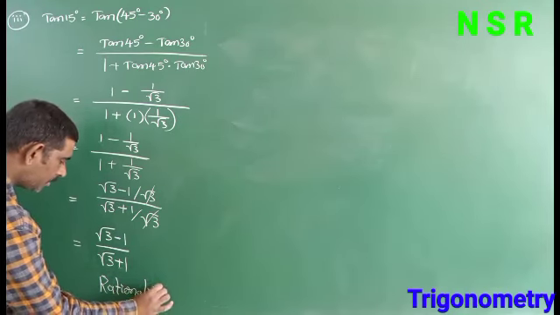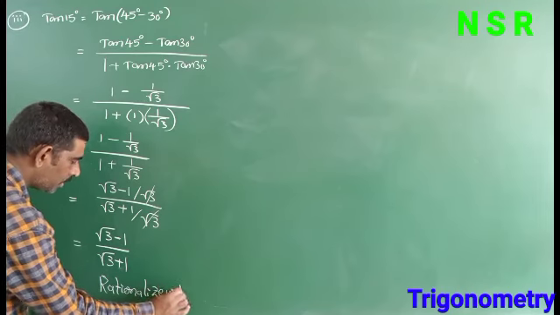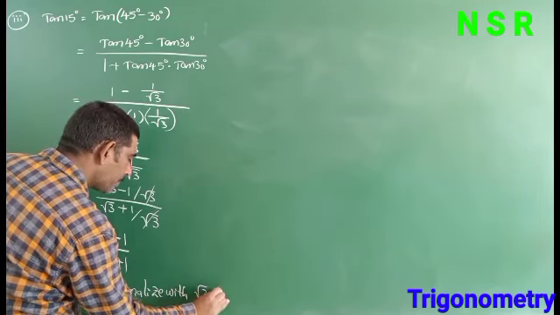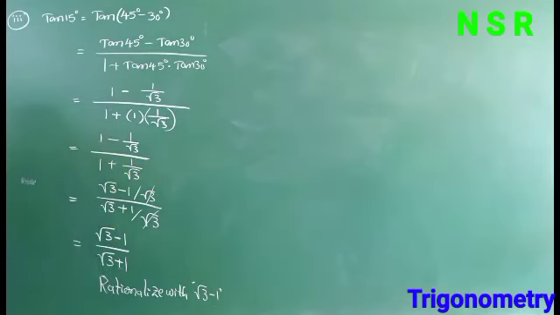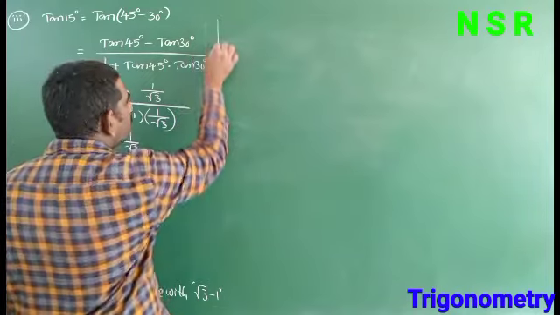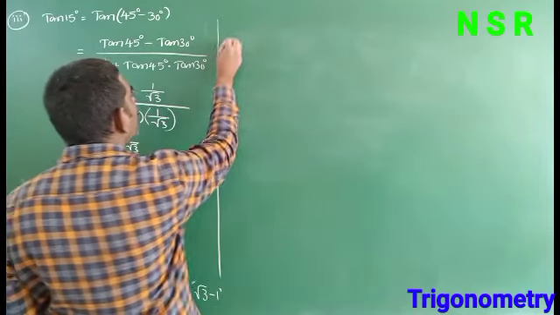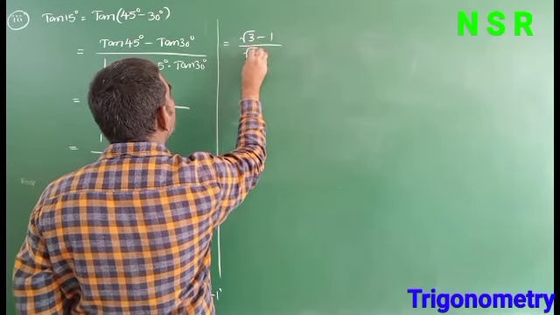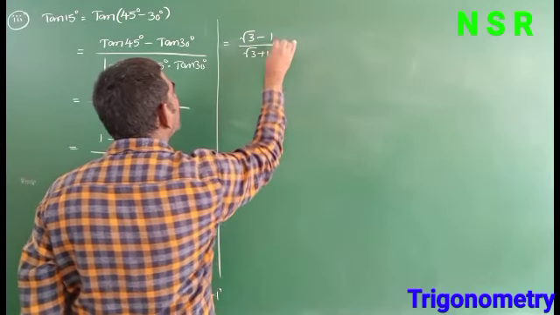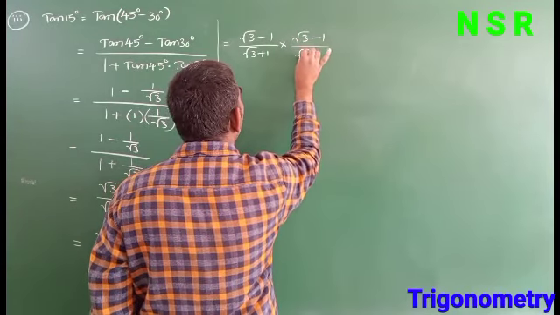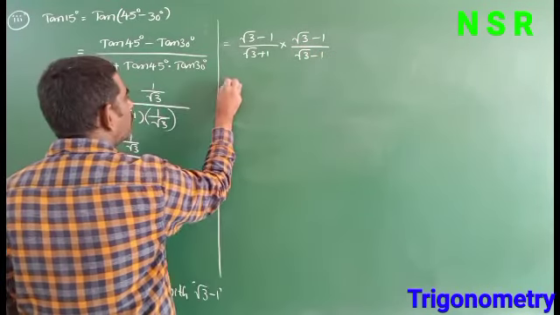So we get root 3 minus 1 by root 3 plus 1 into root 3 minus 1 by root 3 minus 1.